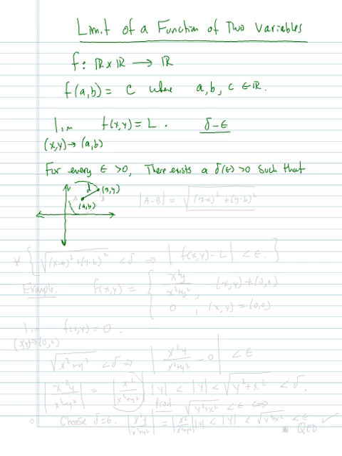So consequently they tend to form a neighborhood, or circle, around the point (a, b).